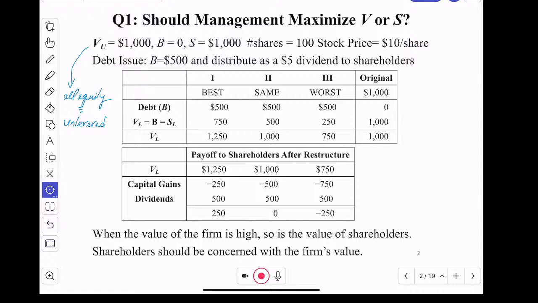Second question is, so then if that's the case, what is the relative ratio of debt to equity that will maximize the value of the firm, in turn the value of equity? So what should that be?